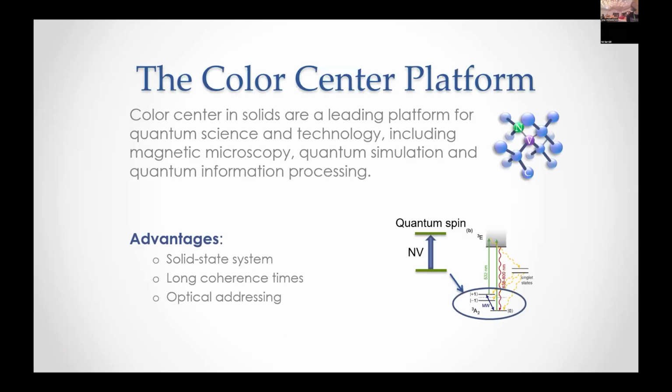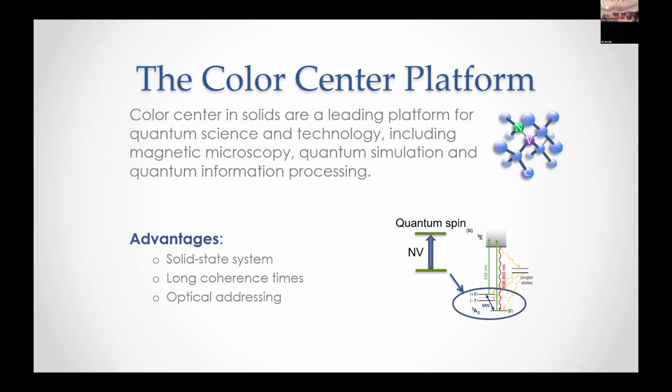So this is the kind of short intro slide for those of you who are not in the NV business. Just to give you a motivation, we're talking about localized atomic defects within solid structures, in this case diamond. So this is a little cartoon of a diamond lattice with an NV defect in it.